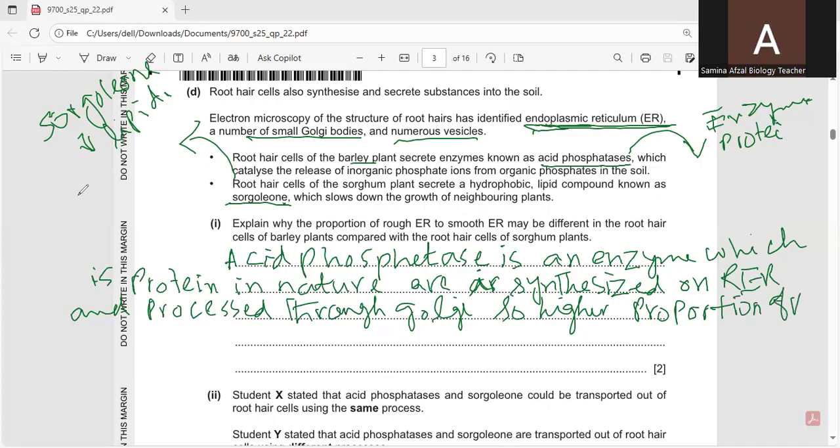On the other hand, the sorghum root hair cells secrete sorgoleone, a hydrophobic compound. Hydrophobic means water-hating, and you know lipids are immiscible; they cannot dissolve in water, so they are called hydrophobic. Lipids are synthesized in the smooth endoplasmic reticulum.